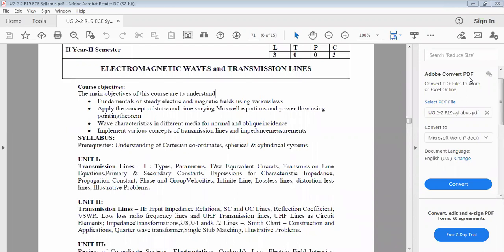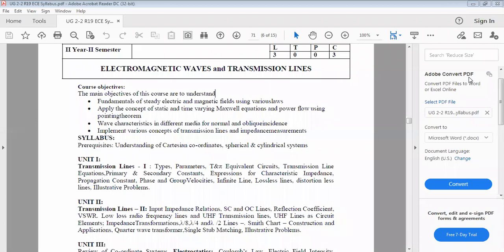Primary constants means RLGC, four parameters, and secondary constants are formed with these primary constants.